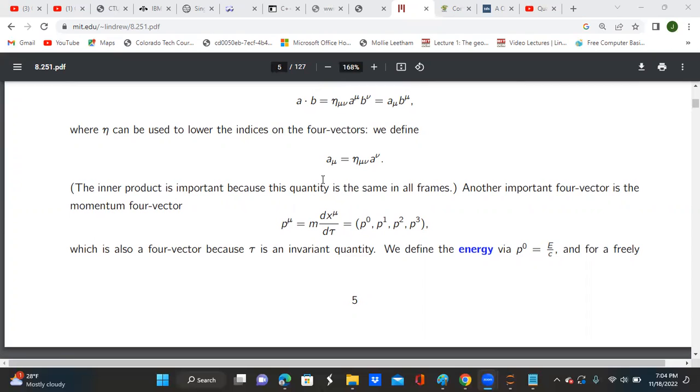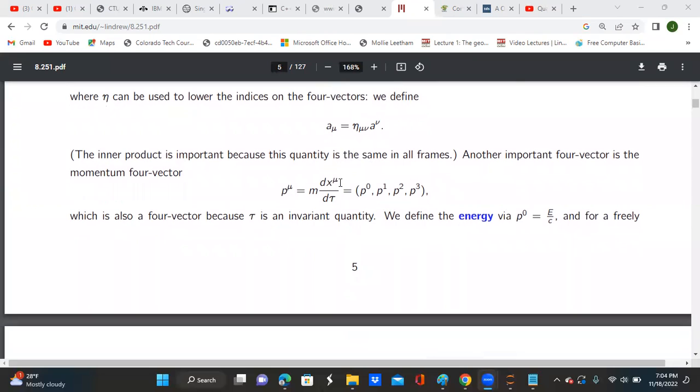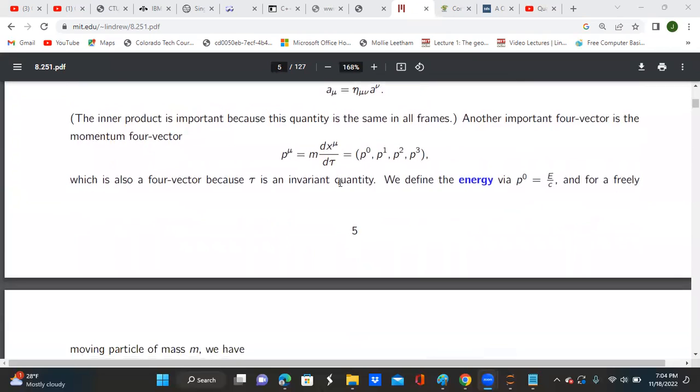We define that A_μ equals η_μν A^ν. The inner product is important because this quantity is the same in all frames.